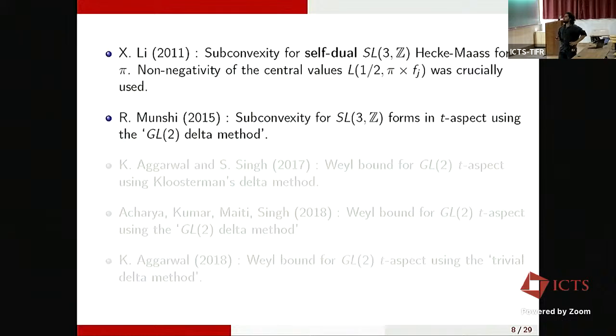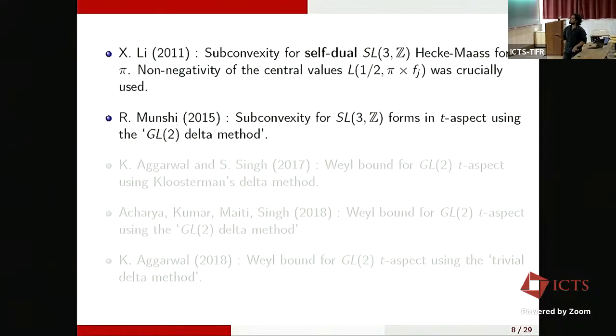For GL3, the first subconvexity bound was obtained by Xiaoqin Li, but she needed this crucial assumption of self-duality. This was because she was evaluating a first moment of this central L value, and if you want to deduce an upper bound, you need positivity of the central value, and hence you need this self-duality. And a few years later, Ritabrata introduced the delta symbol approach for the subconvexity problem in higher degrees.